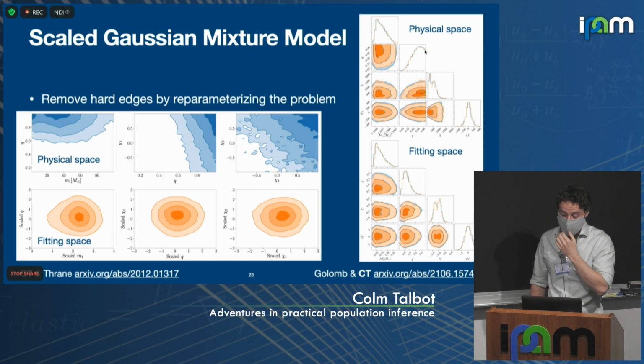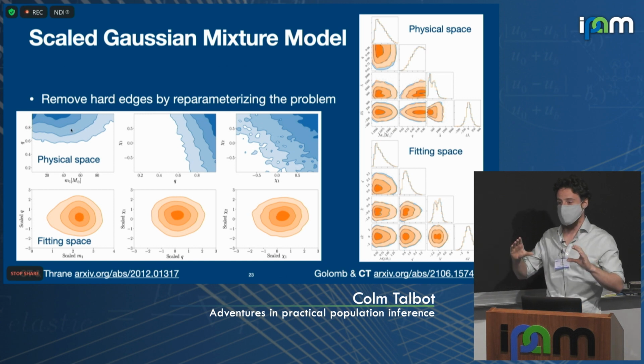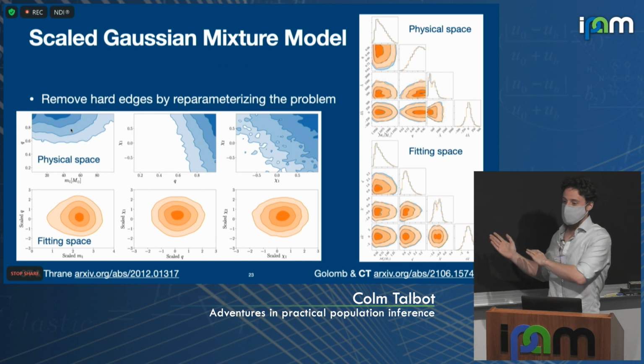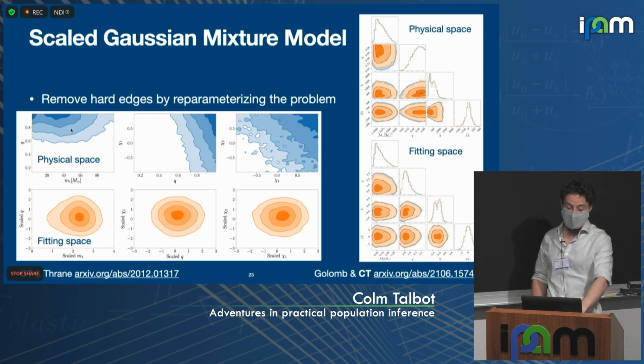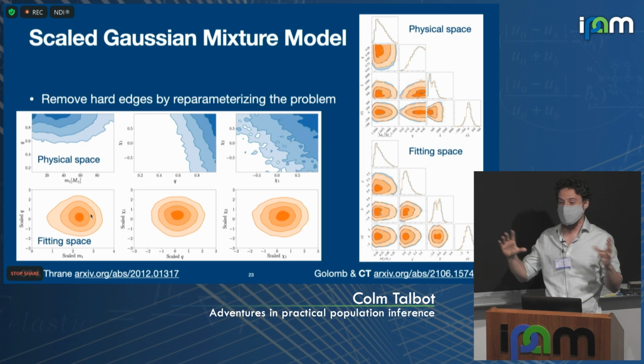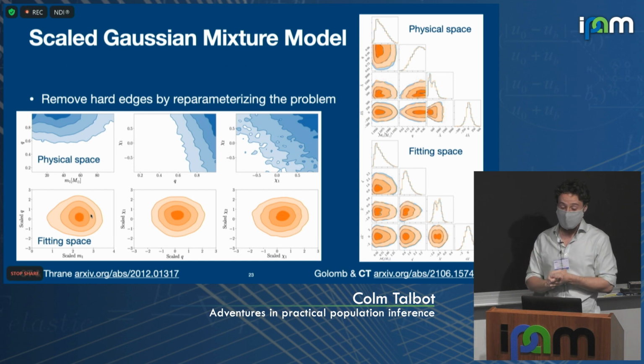And the difference that we introduced is basically to, instead of just trying to fit a Gaussian mixture model in this physical space, you just transform your problem into a space that doesn't have any hard edges and that gets rid of some of the nasty correlations, and then your Gaussian mixture model can quite happily fit this distribution. And this seems quite promising.